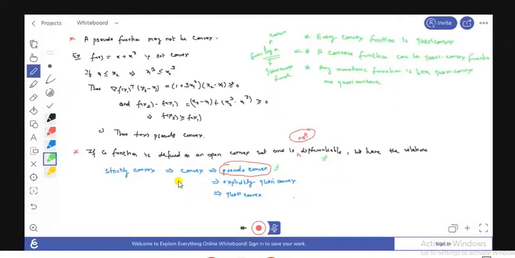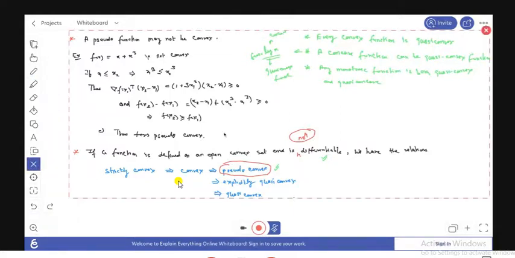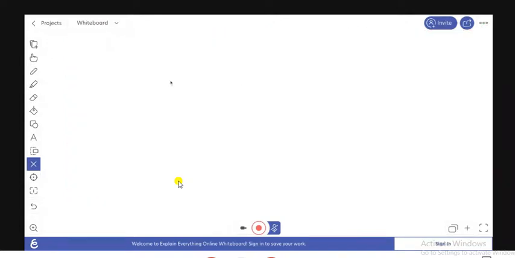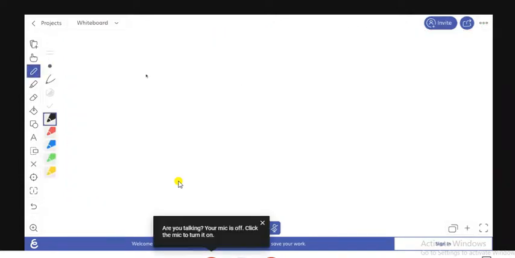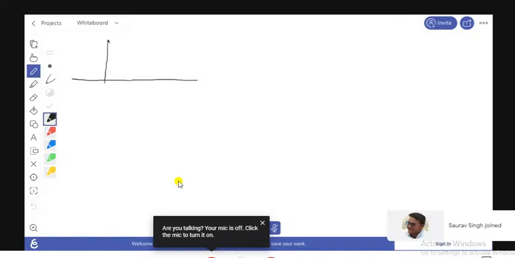Okay, so if we take some graph, on the next page, suppose this is your axis.